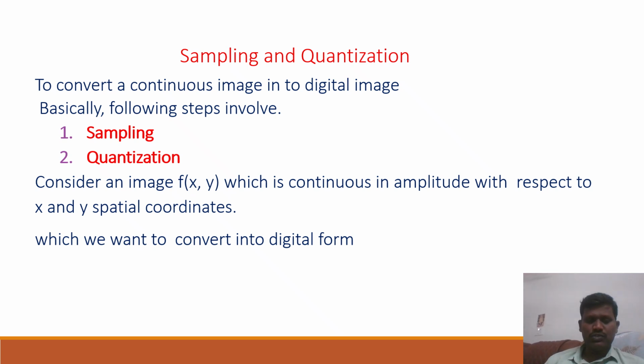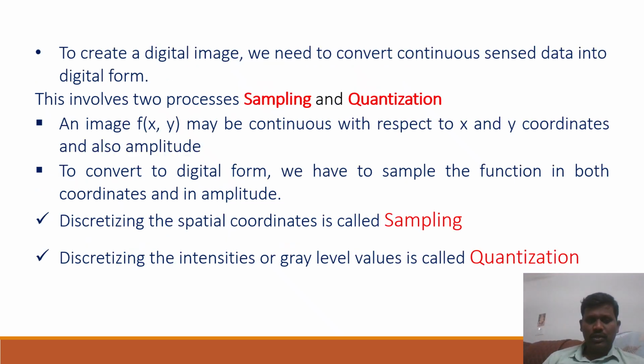To convert the x, y coordinates and the amplitude into digital form, we have the process of sampling and quantization, where sampling is converting the spatial coordinates x and y into discrete values. After converting the spatial coordinates into discrete values, the amplitude or light intensity at the coordinate is converted into digital form.